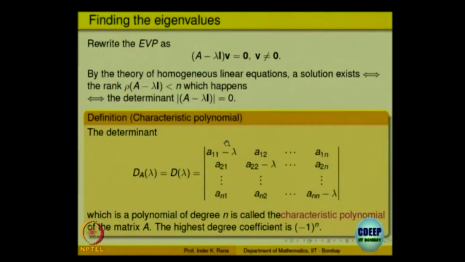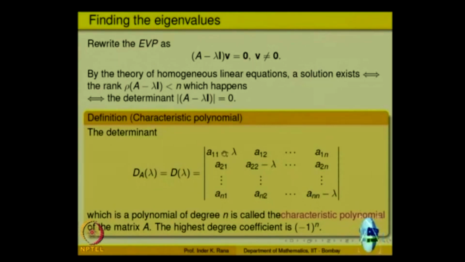So here let us say, suppose you expand by the first column. So this will be gone and this will be gone. So you will have A11 minus lambda into determinant of the remaining, right. When you write the determinant of the remaining, again you will have to expand by that. Let us again expand by this column, then A22 minus lambda will come out as a factor into determinant of the remaining one.